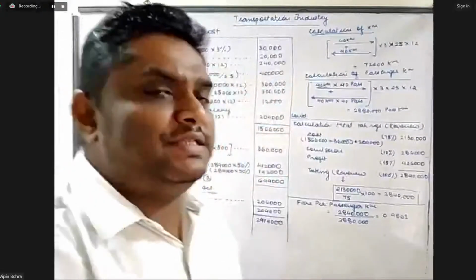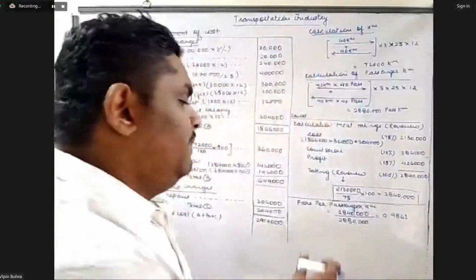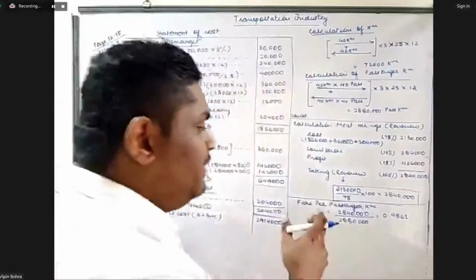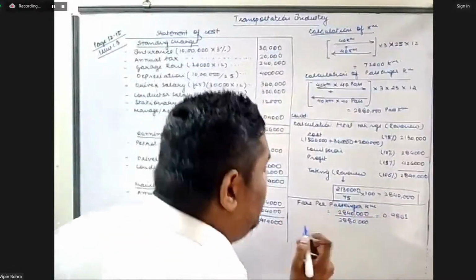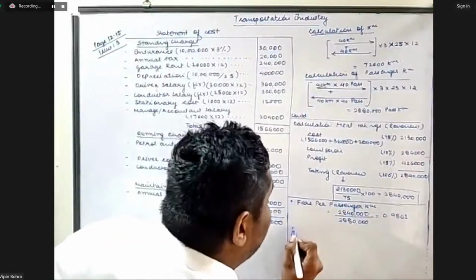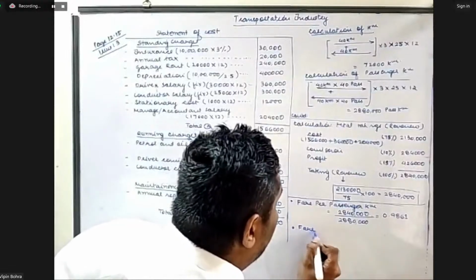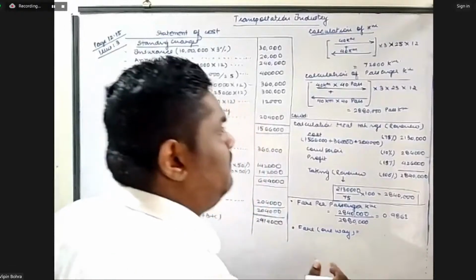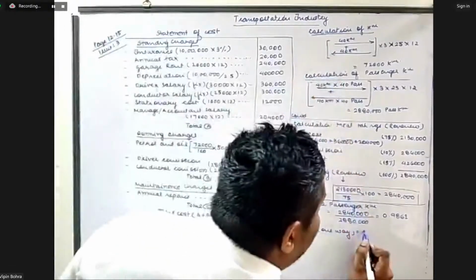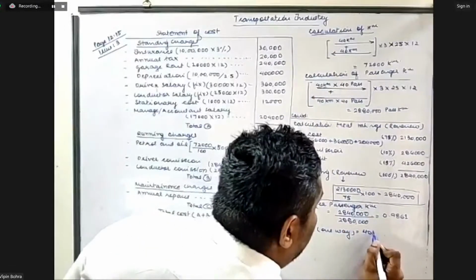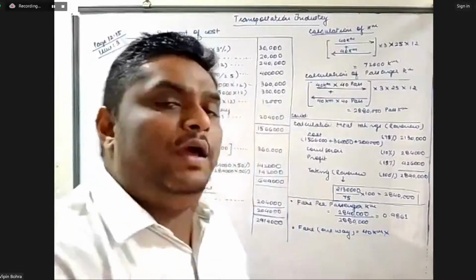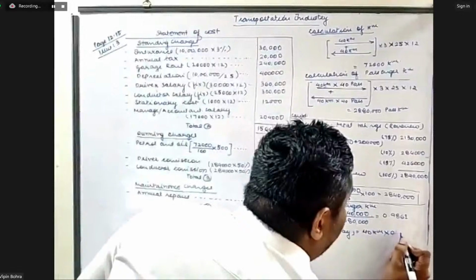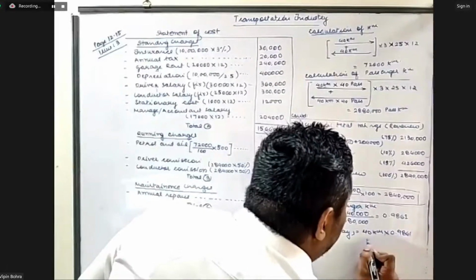Further, if you see, the question is asking this much only. If you want to calculate the one-way trip fare, I have the fare per passenger per kilometer. So to calculate the fare one way, the one-way distance is 40 kilometers into the fare per passenger per kilometer, which is 0.9861.